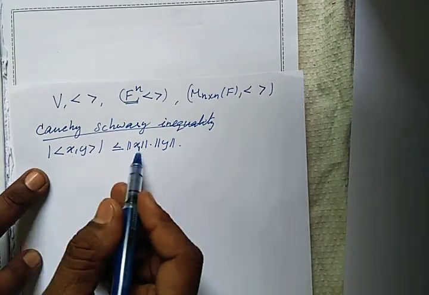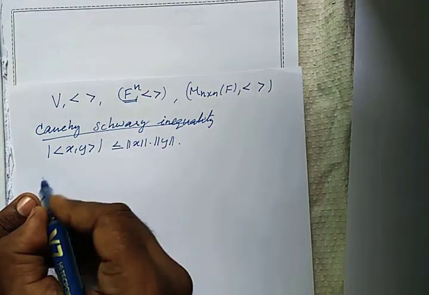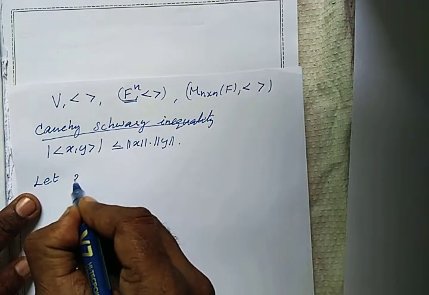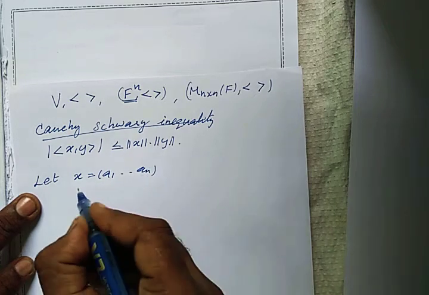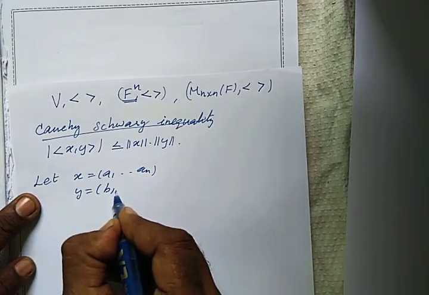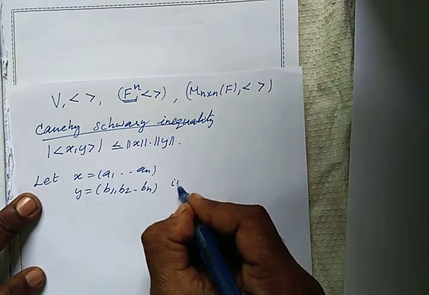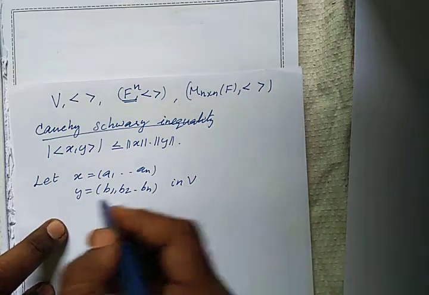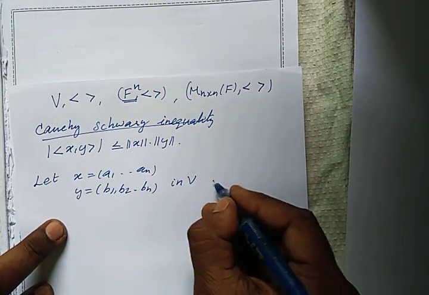Let us see the same inequality in this inner product space. Let x is equal to a1, a2, etc., an, and y is equal to b1, b2, etc., bn belong to V.